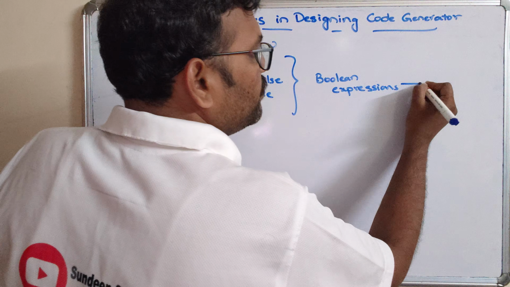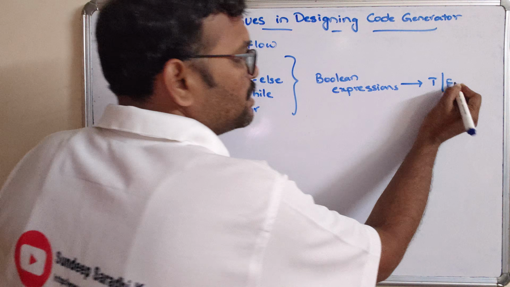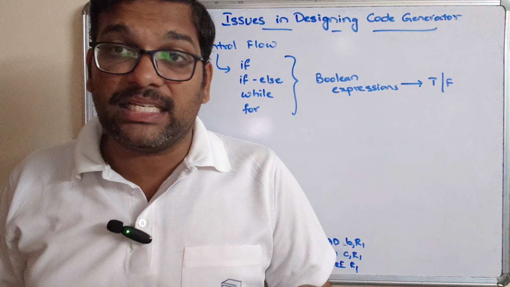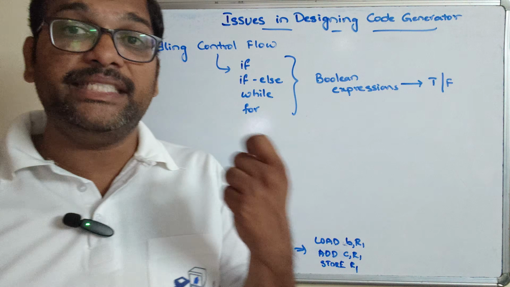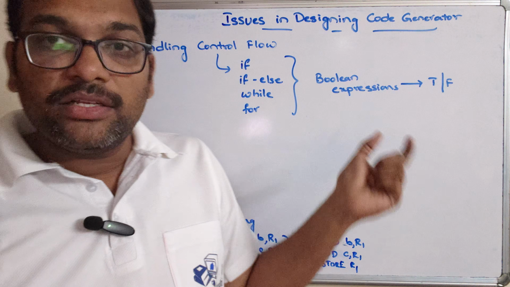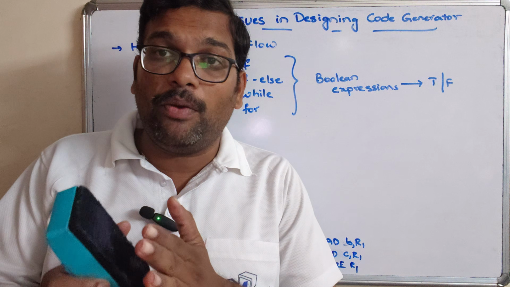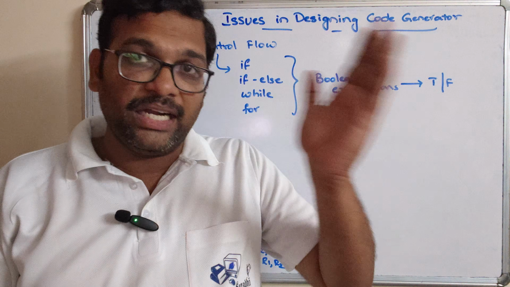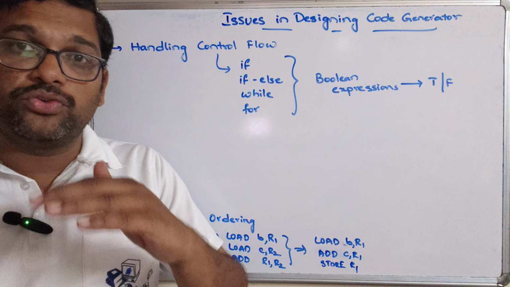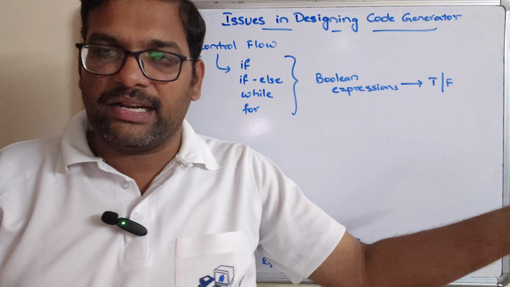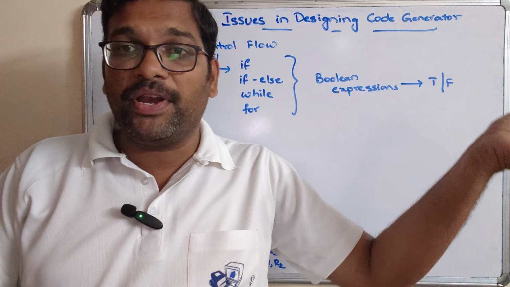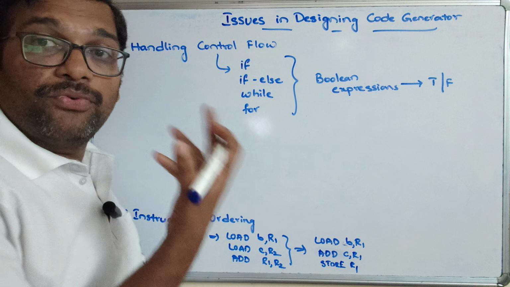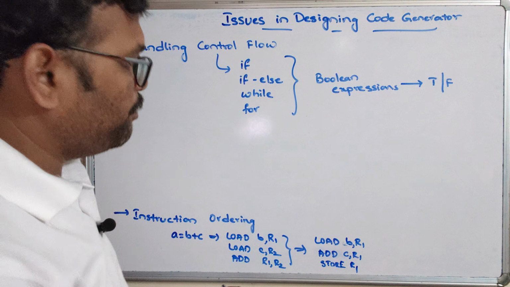The result of these boolean expressions will be either true or false. So that means we need to give the addresses. Unconditional and conditional jumps we are using in this. So we need to give appropriate and correct addresses in the jump instructions. If the condition becomes true, the control should go towards which address? We need to give that appropriate and correct address. So that is handling the control flow, control structure. That is most important.